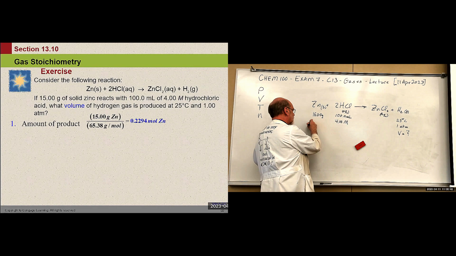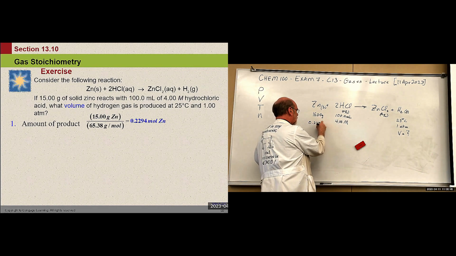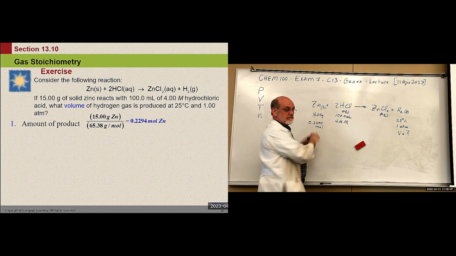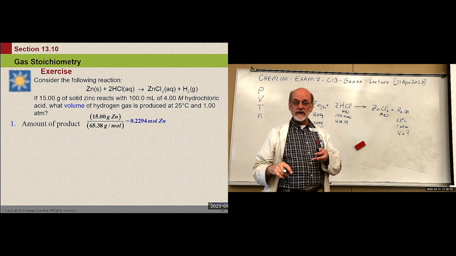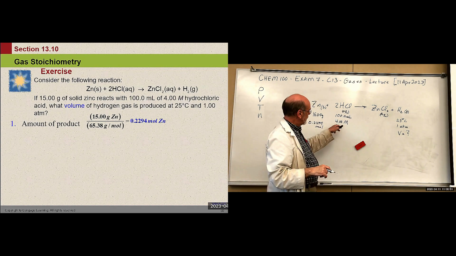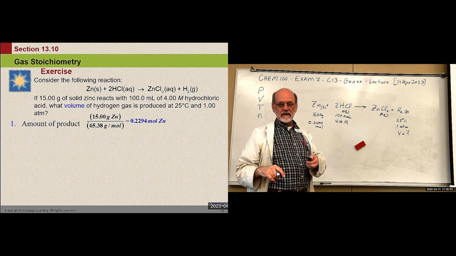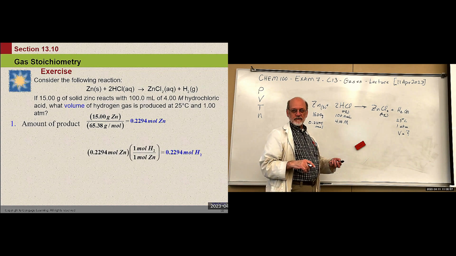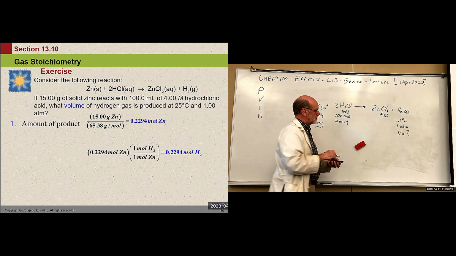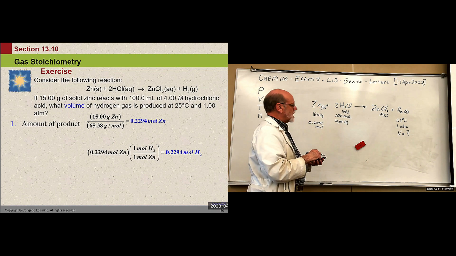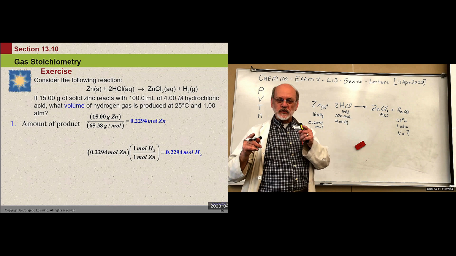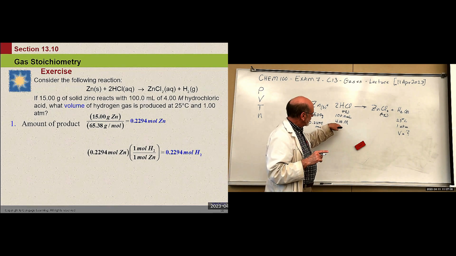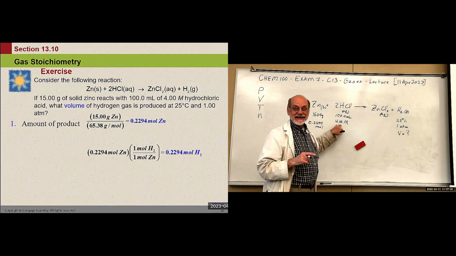We converted that using the molar mass of zinc, right? So we know how much zinc we have. How many moles of HCl do we have? Oh, we have to assume that hydrochloric acid is in excess.